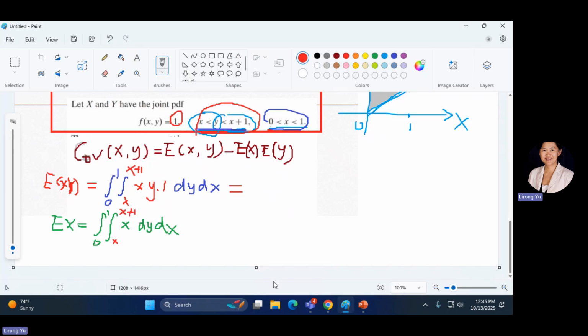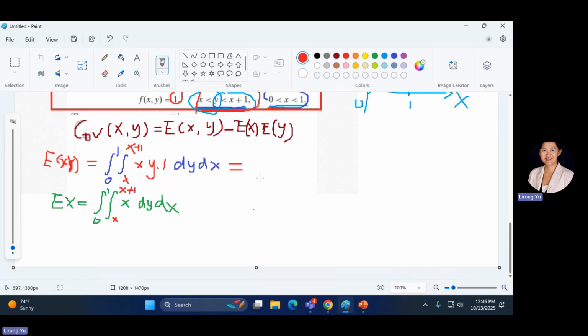So that's how we find E of X, the expectation of X, and we do the same for the expectation of Y. Again, it should be capital Y. And it's still going to be the same integration limits, 0 to 1, x to x plus 1. This time we're integrating y times the density of 1, so just y, and then dy dx, the same integration order.